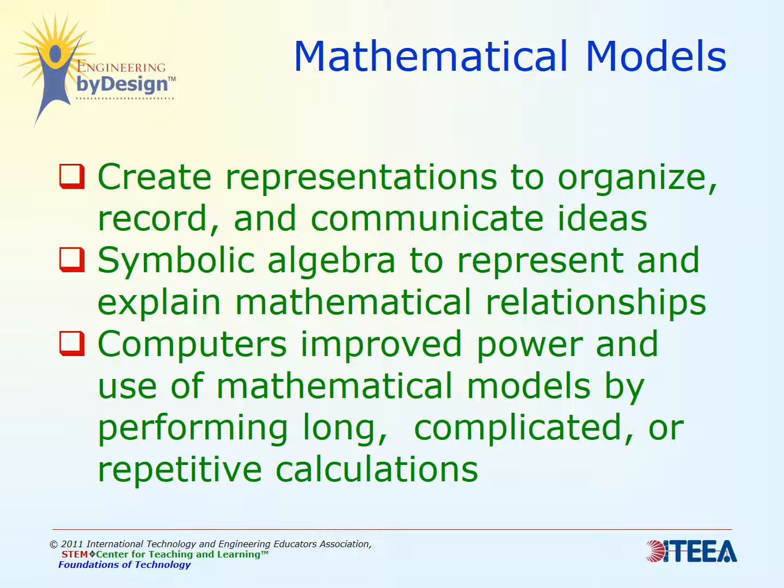You use symbolic algebra formulas to represent and explain what the mathematical relationships are of your different parts. Computers have improved power and use of mathematical models by performing long, complicated, or repetitive calculations.